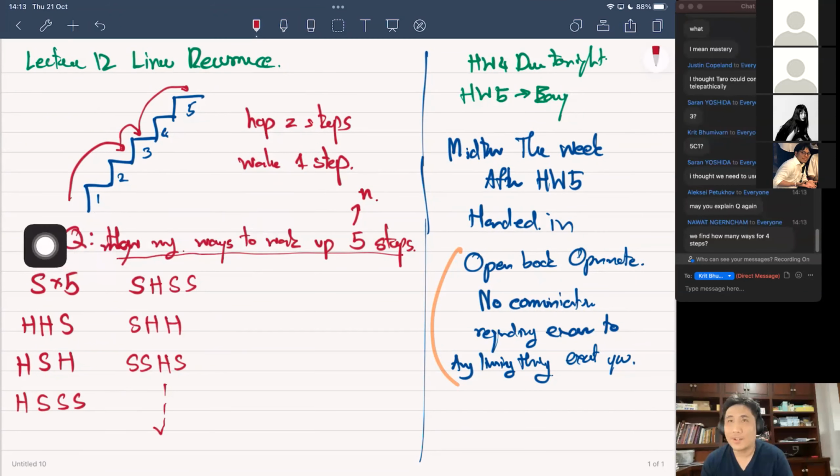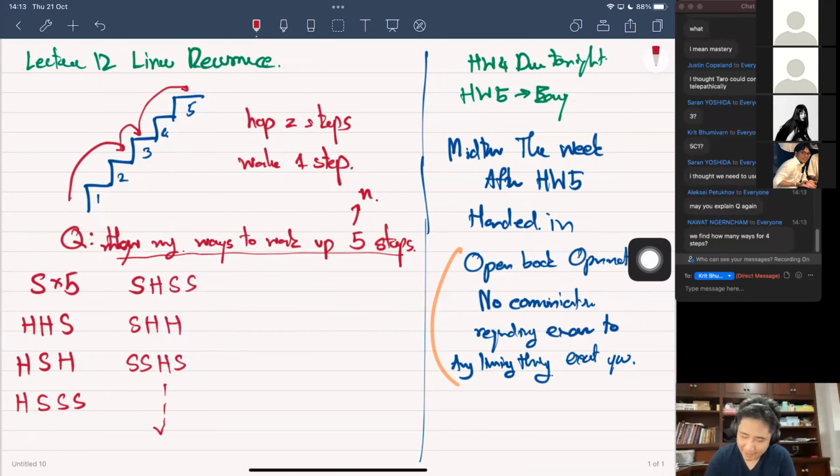So you can hop 2 steps and end up on stair number 2, then step to stair number 3, and then hop. So that would be this one: hop, step, hop. Now we want to count the number of ways, like how many of these there are. You can see that counting this is kind of a pain. You could list them all, but it's a pain.